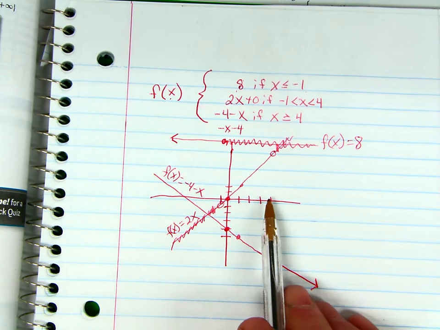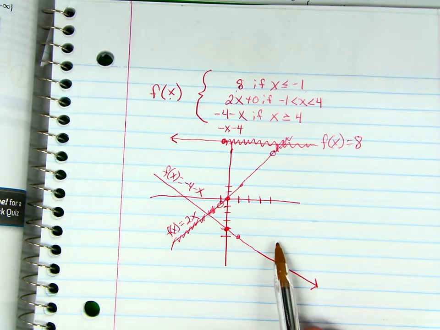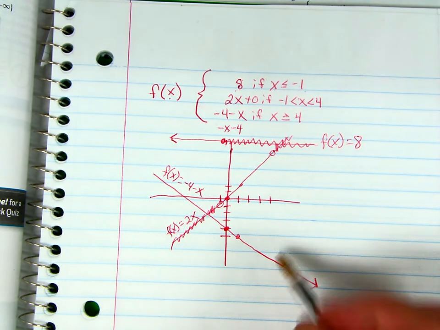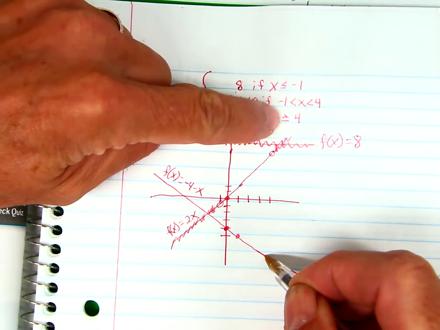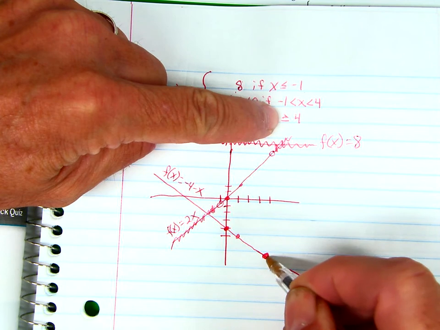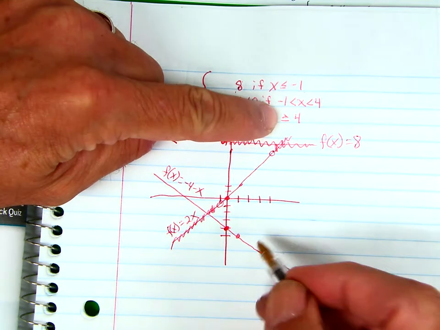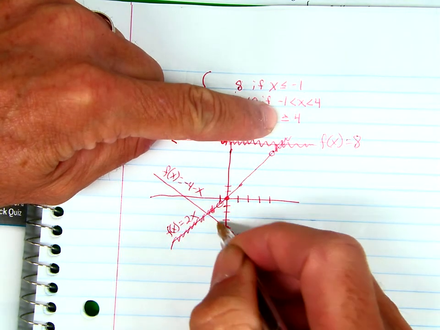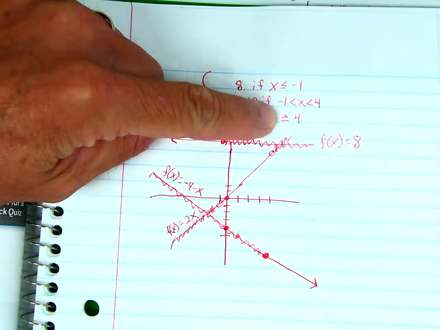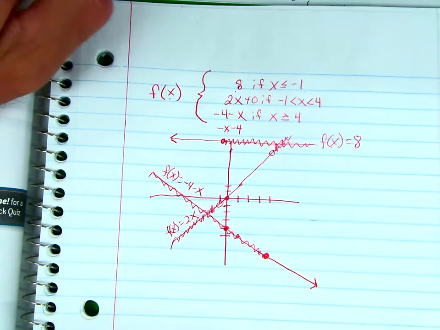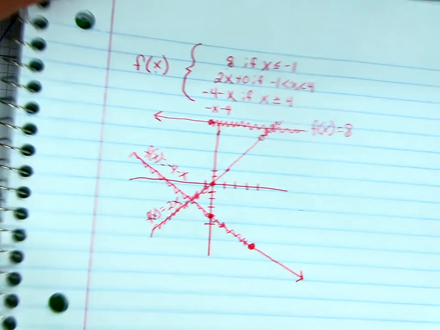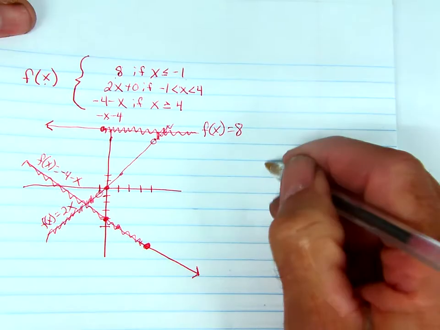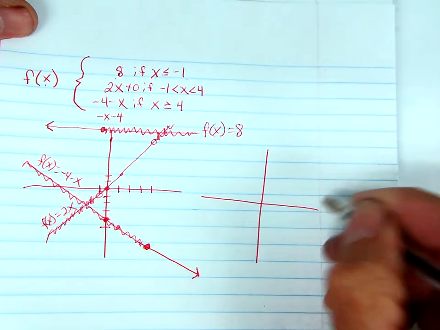Here's where x equals 4. So we follow it all the way down to the line that we drew. There's an equal part with it, so we make a solid dot, and we erase everything that came before it. So just to draw the picture a little bit clearer, here's what your graph should look like.